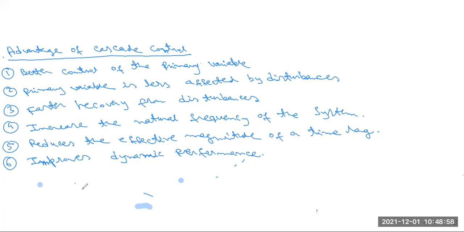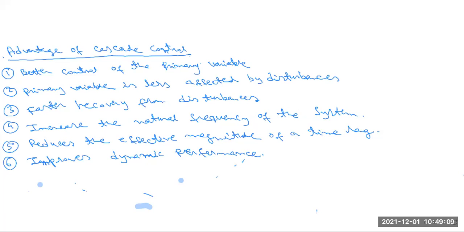That means we have to use a primary controller part, and another one is the secondary controller part. Number two, this primary variable is basically less affected by any disturbance.